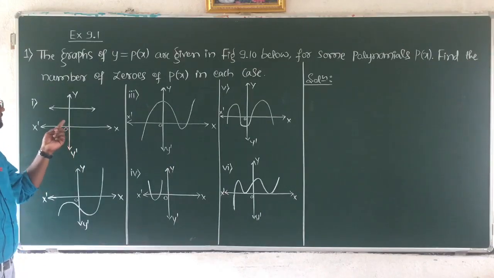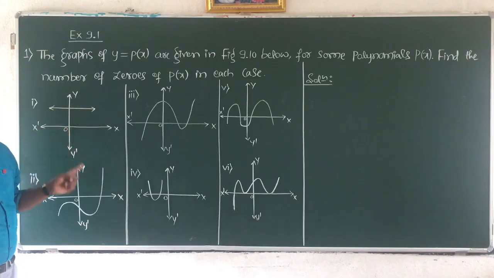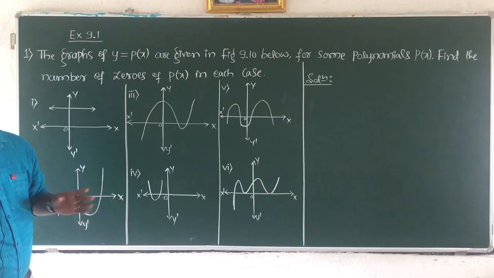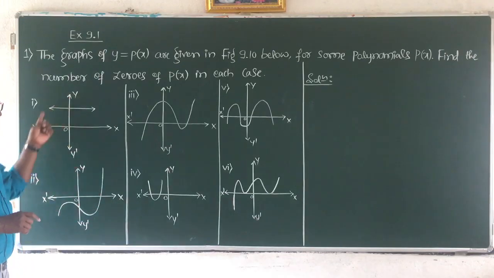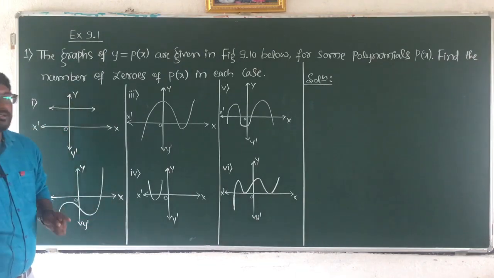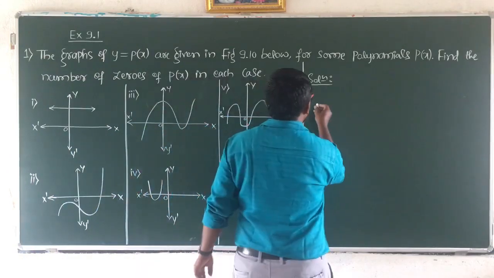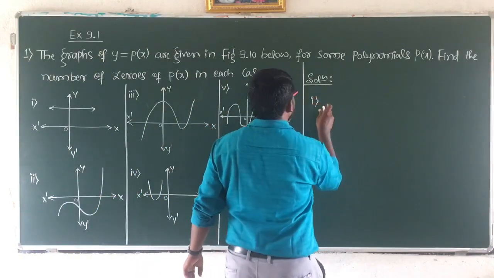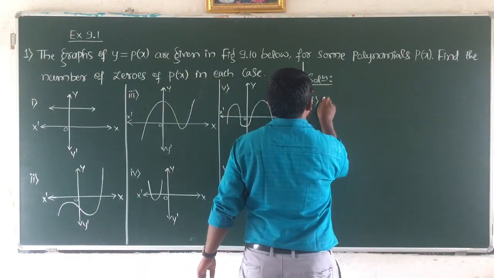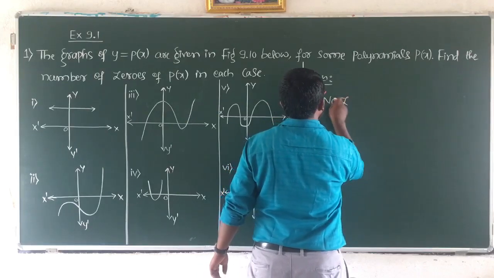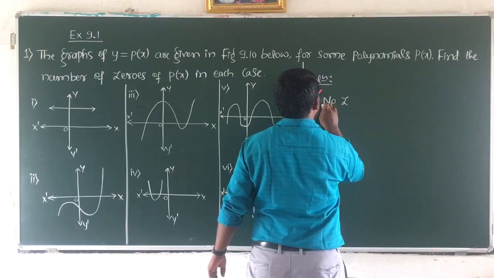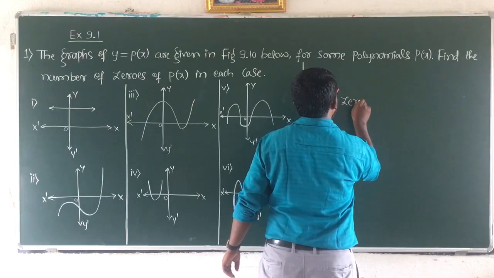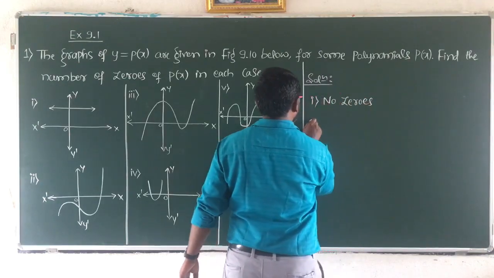See here, the graph is not intersecting the x axis. Therefore, for this there is no zero. So the first one has no zeros.